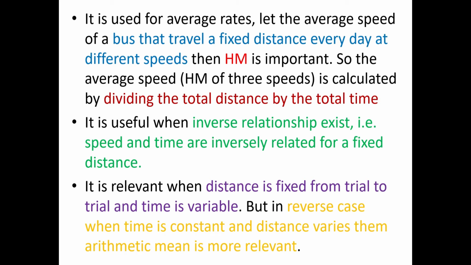It is relevant when distance is fixed from trial to trial and time is a variable. But the reverse is not true. In the reverse case, when time is constant and distance varies, you have to use arithmetic mean. Understand? Where we have to use arithmetic mean and where we have to use harmonic mean.